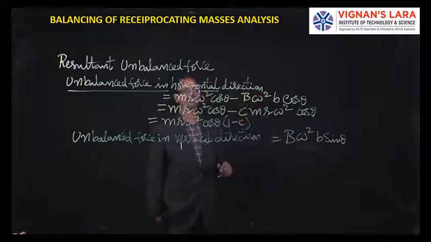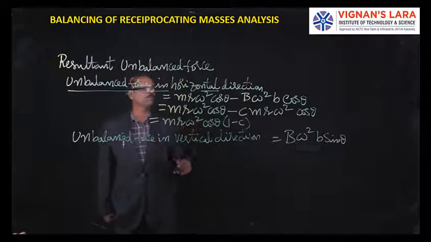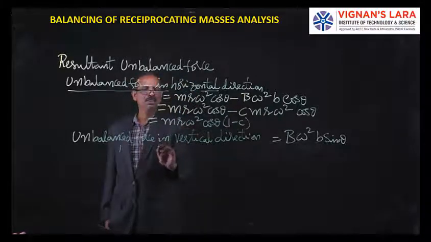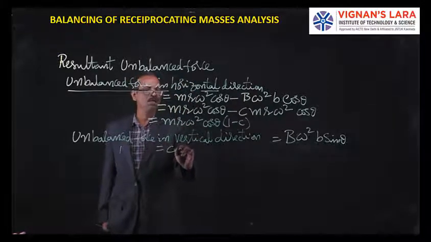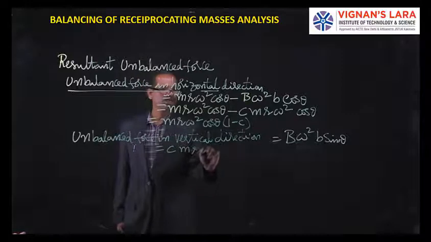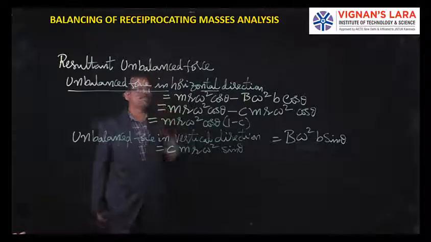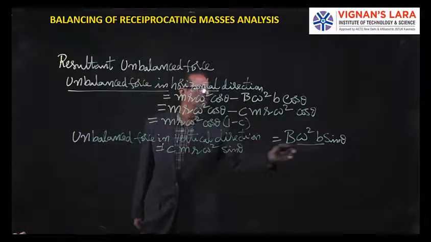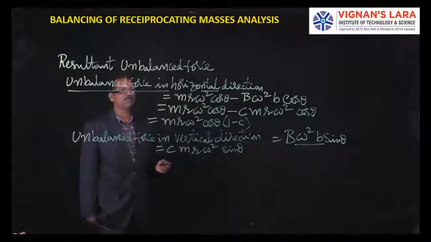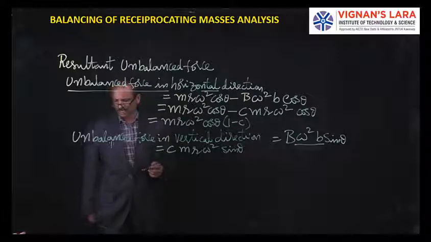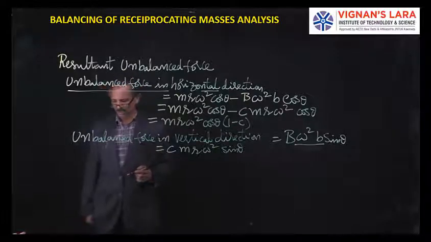What is b omega square b? That is nothing but c times mr omega square sin theta. So b omega square b is nothing but c times mr. So this is c mr times omega square sin theta.